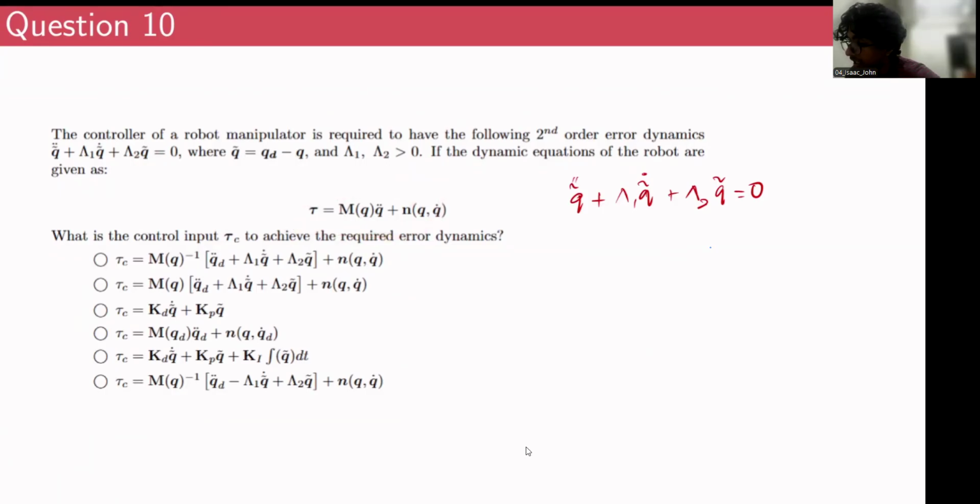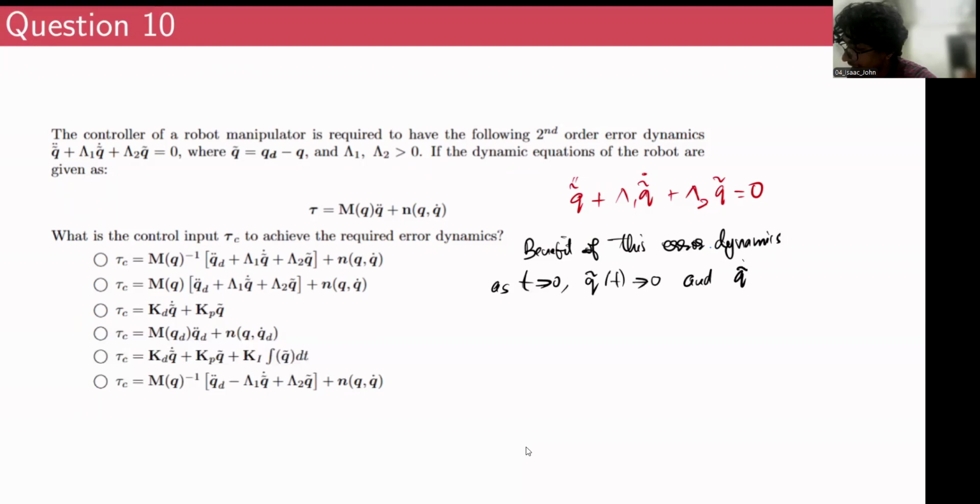So as I was saying earlier, the benefit of this error dynamics is that as t tends to infinity, q tilde of t tends to 0 and q tilde dot of t also tends to 0.